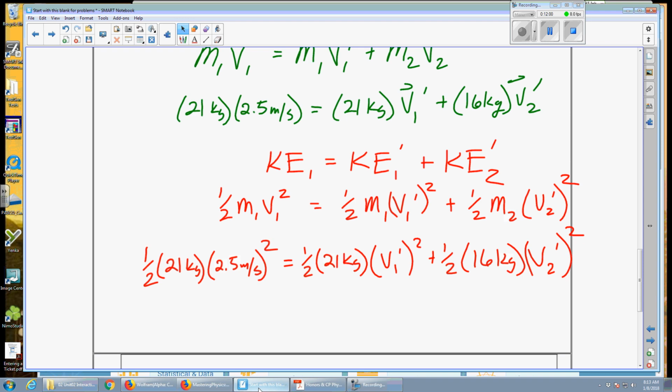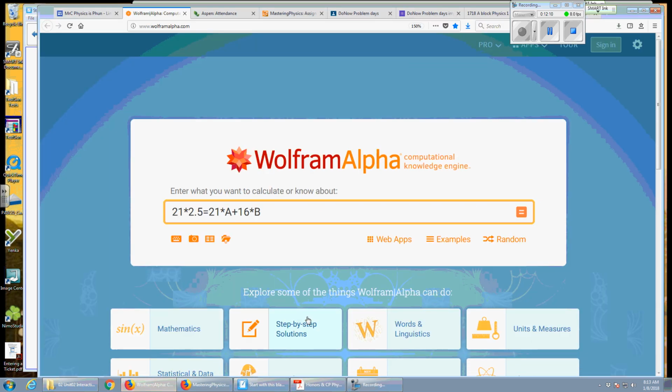Is it worth me going through this, or you know what you're doing from this point? Keep going? Okay. And then I'm going to put in my second equation, so I'm going to do comma space to tell it's a new equation.